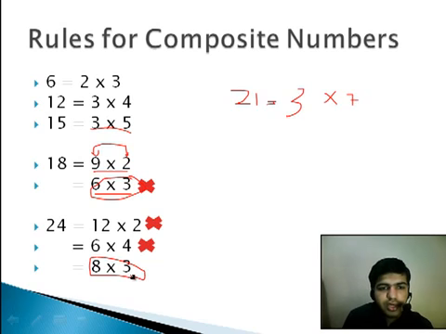Now pause this video and take certain examples, and check that 96, which is 24 into 4, is a multiple of 8, that is 8 into 12, and also 3. So these rules can be applied to any big composite number, but keep in mind that when you split it up into multiples, the two numbers have to be co-prime.